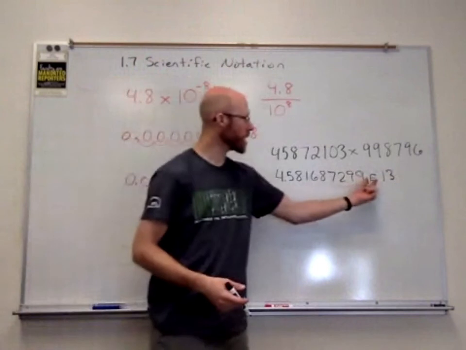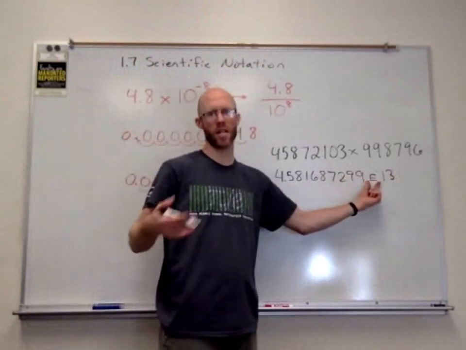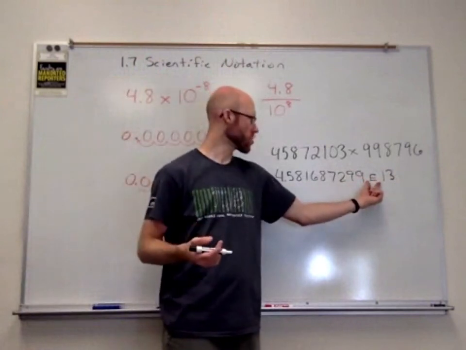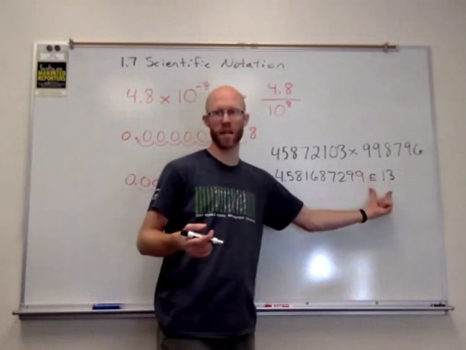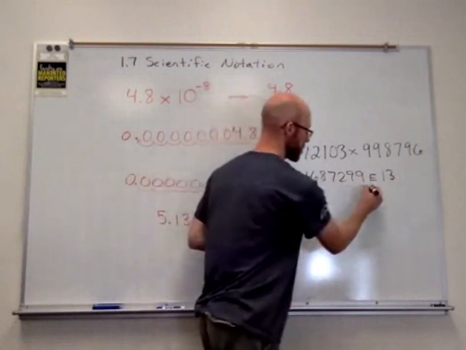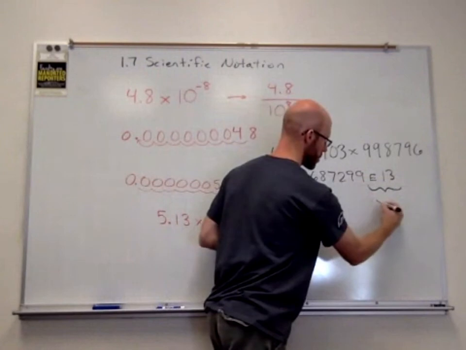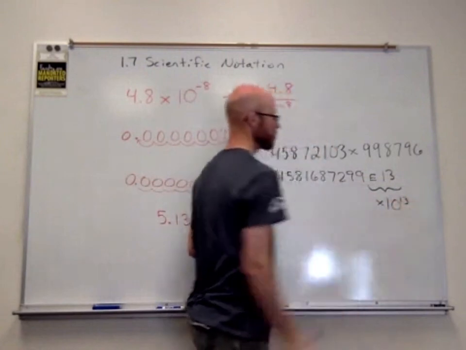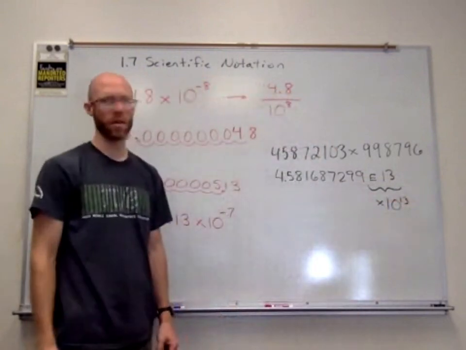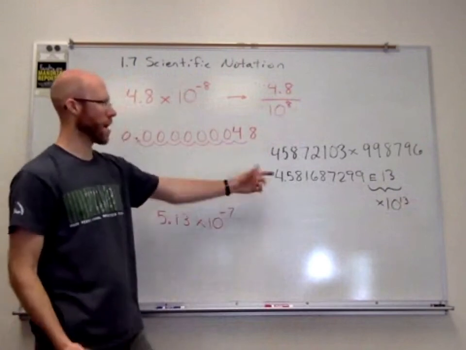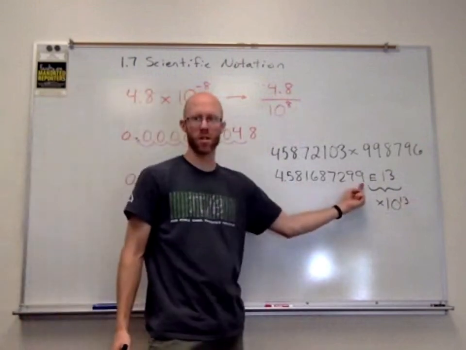Well, what ends up happening is your calculator uses scientific notation, but it doesn't write it in the same form. This E stands for exponent or exponential. And so what you're dealing with here is times 10 to the 13th power. So this part of the expression really means times 10 to the 13th. And I probably wouldn't write out all of these digits.